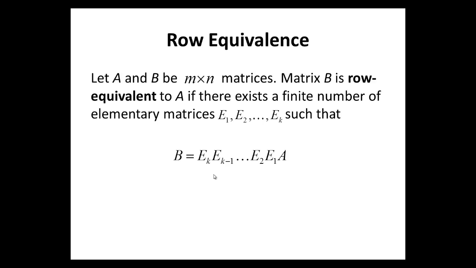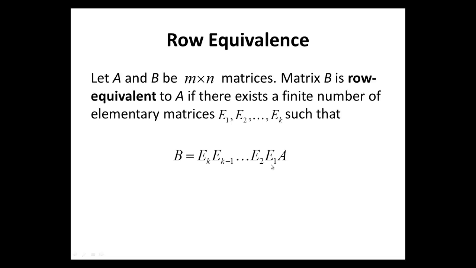Now let me give you the full definition of row equivalence. Let A and B be m by n matrices. We say that the matrix B is row equivalent to the matrix A if there exists a finite number of elementary matrices E1, E2, E3 right up to Ek such that B equals Ek, Ek minus 1, up to E2, E1 times A. Now look at this very carefully.